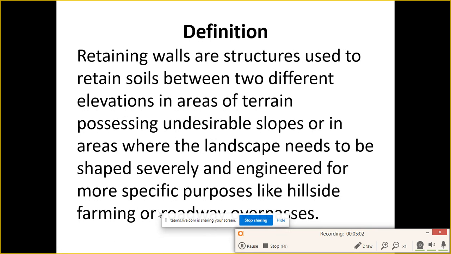So briefly, retaining walls are structures used to retain soil between two different elevations or areas of terrain possessing undesirable slopes, or areas where the landscape needs to be shaped severely and engineered for more specific purposes like hillside farming.